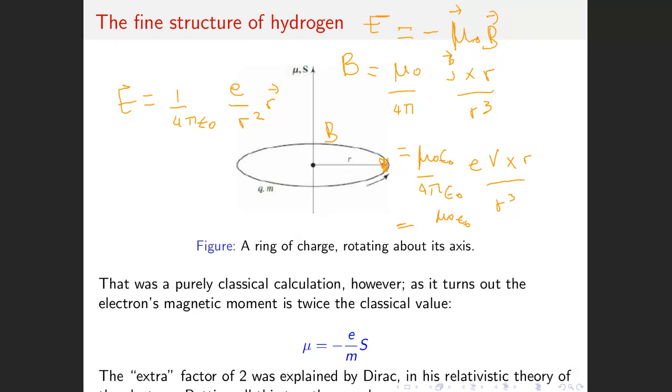This 1 over 4π with the E with an r squared there, this gives you an E. Before I simplify everything, right, what is this number here?